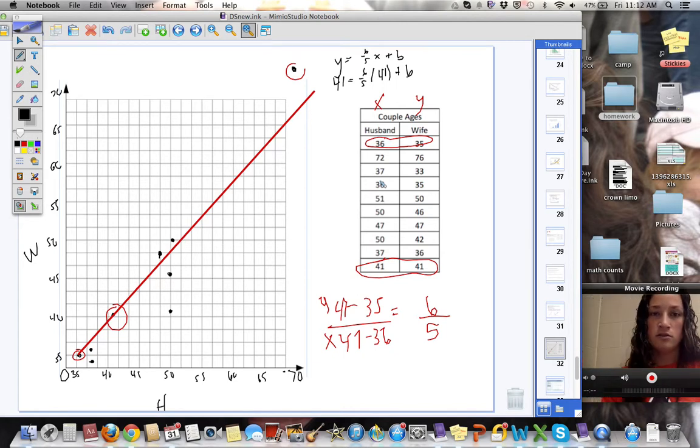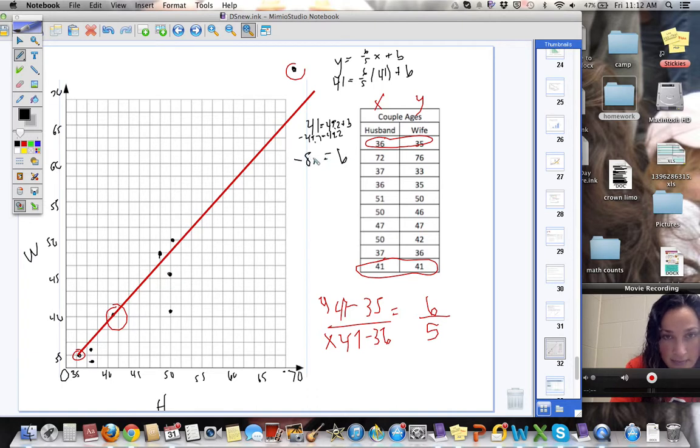So if I do 6 times 41, I get 246 divided by 5. I'm going to get 49.2. So I have 41 equals 49.2 plus b minus 49.2. And then I get b equals negative 8.2. So this is our y-intercept now.